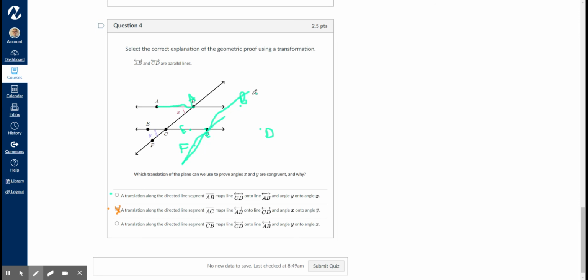All right, this is not going to be any better. Bring it like that. So it moved everything over to the side a bit, but angle X is here now, angle Y is here now, and I still don't see how that's going to help us prove that X and Y are congruent because it's not mapping one of them onto the other. So I don't think it can be this one either.